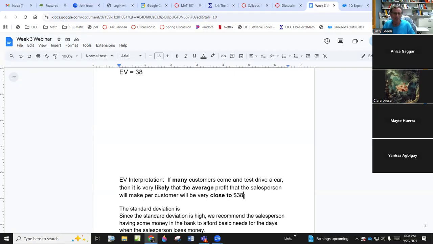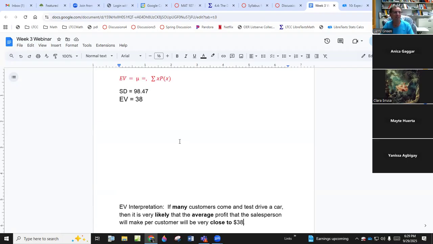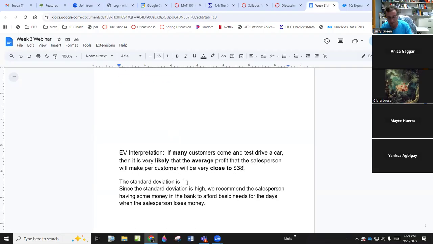Yeah. So you think about that, it would be more than $100 an hour on average. That sounds like a good job, right? But the standard deviation was $98.47. That's a pretty high standard deviation if you compare it to the mean.